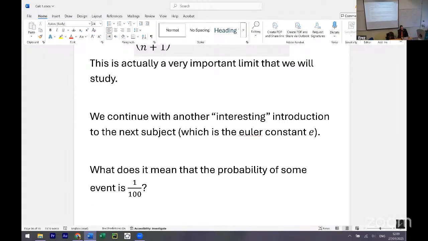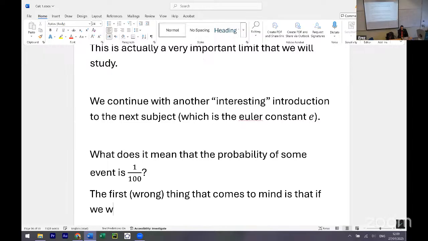If I do it statistically speaking, the probability is 1/100, right? The first wrong thing that comes to mind is that if we test this event 100 times, it will happen how many times?